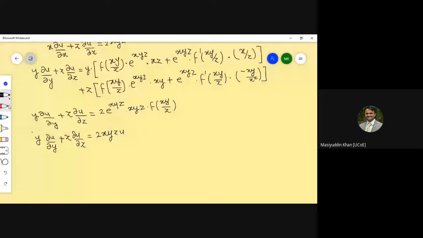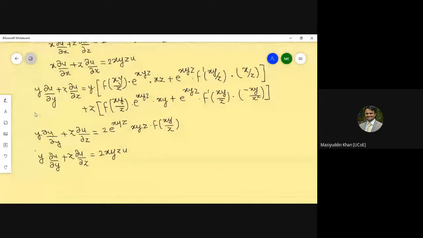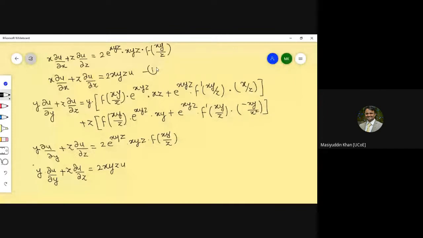Now I'm just giving equation 1 and 2 here. So this is my equation number 1 and this is equation number 2.